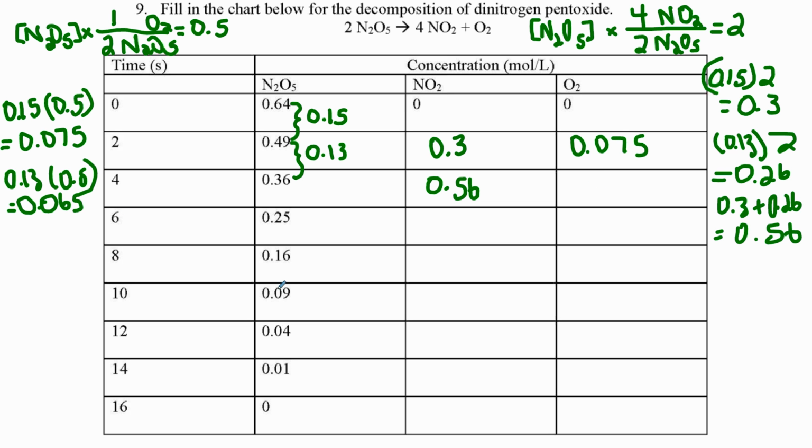We have to add it to the previous value. So 0.075 plus 0.065 is equal to 0.14. So that is what I would now enter into the chart. And then you just keep going along in that way until you complete both columns.